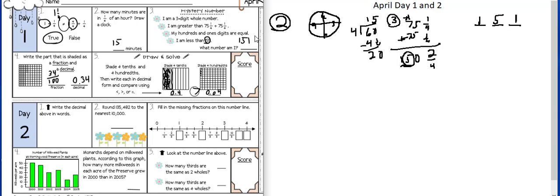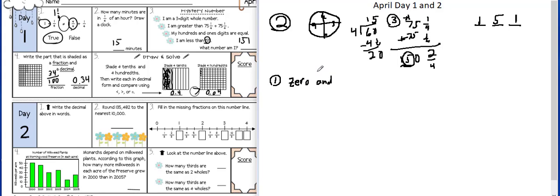All right, the 4/10 is greater than the 4/100. Now for day 2, write the decimal above in words. Okay, so right here, the decimal is 0 and 34/100. So for day 2, number 1, I'm going to write it all out: 0.